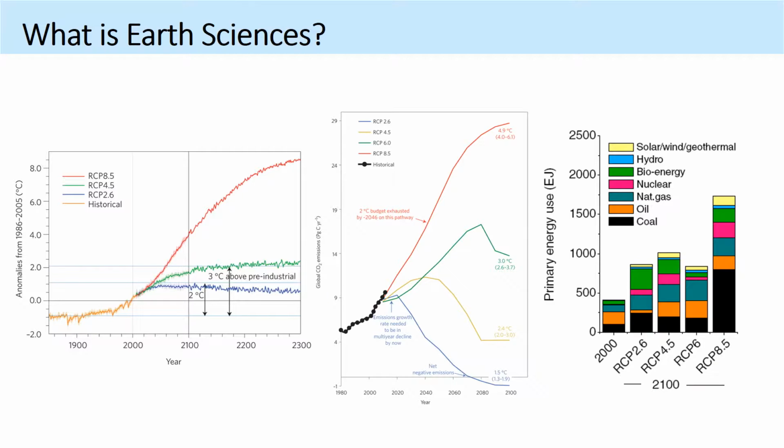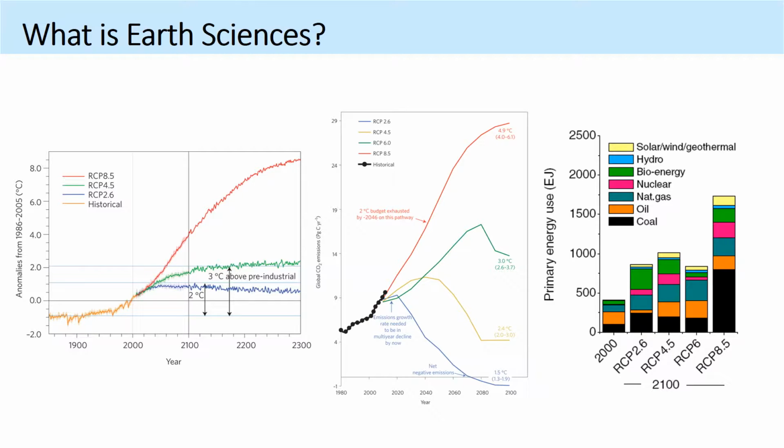The red line is we carry on burning fossil fuels like they're going out of fashion. And the blue line is we do everything we possibly can to stop burning fossil fuels. Some of you might have heard of this 2 degree temperature target that we want to stay below. I should point out that the zero on this axis is arbitrarily pinned somewhere around 1990, and the actual zero for the 2 degrees target is the pre-industrial value.